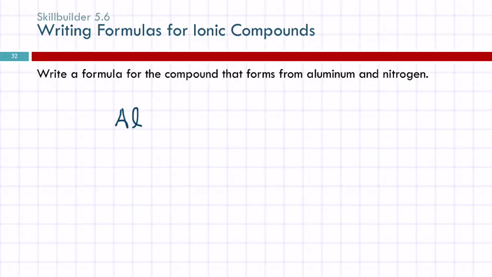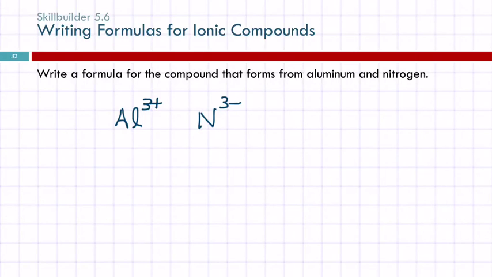So aluminum is in group 3A, it's a 3+ charge. And then nitrogen is N. What group is nitrogen in? It's in group 5A, right? So you can count back on the periodic table from neon, -1, -2, -3, or you can take group 5A and subtract 8, you get -3. So this is a 3- charge.